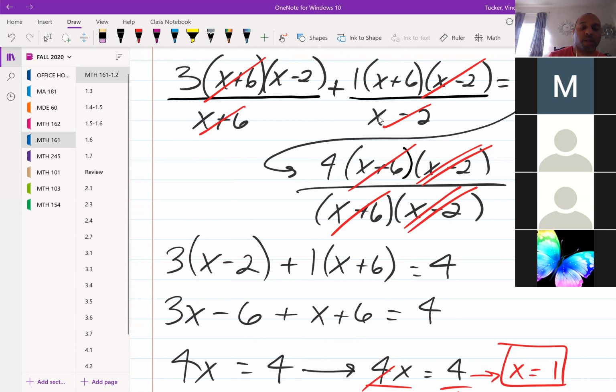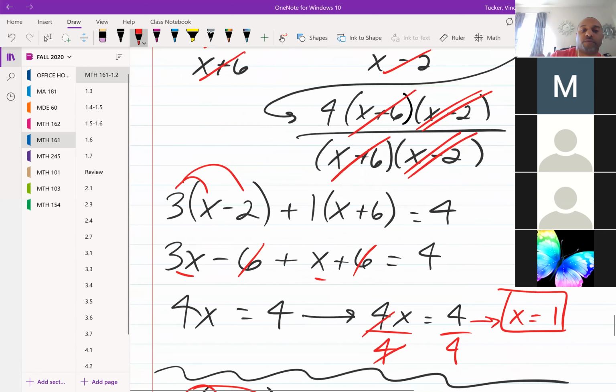All right. Then we can distribute. So that's 3 times x and then 3 times negative 2, that'll be 3x minus 6. And then x plus 6 times 1 is just going to be x plus 6. Combine your like terms. x and 3x will be 4x. And then negative 6 and positive 6 actually cancels out for us.